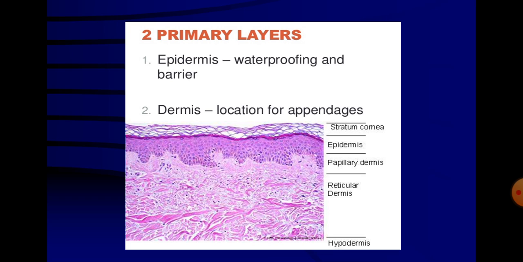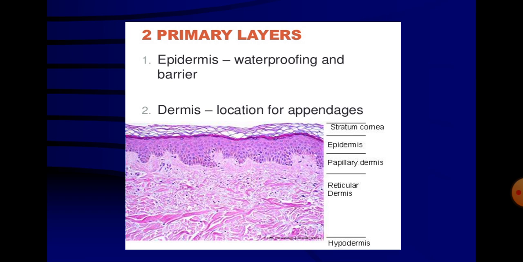Now this is further divided. You can see the layers of the skin. The topmost is the stratum corneum, which commonly consists of dead cells, the epidermis, and below the epidermis is the dermis.